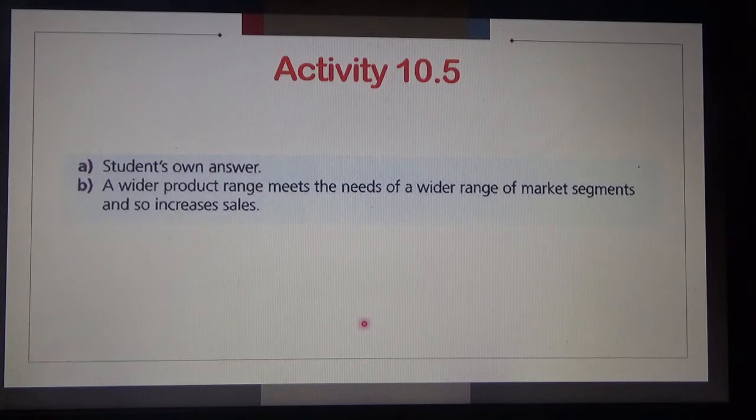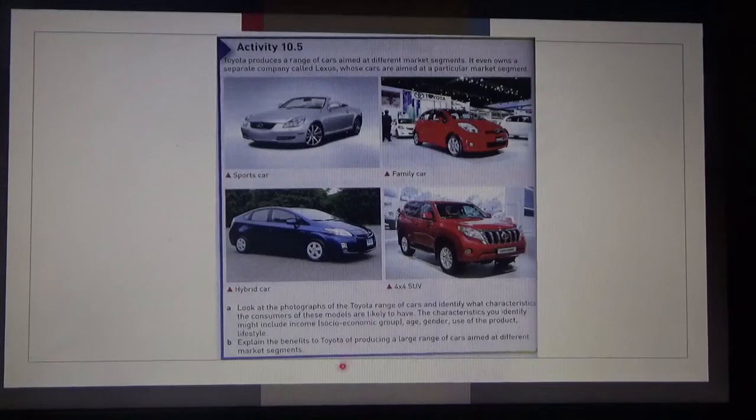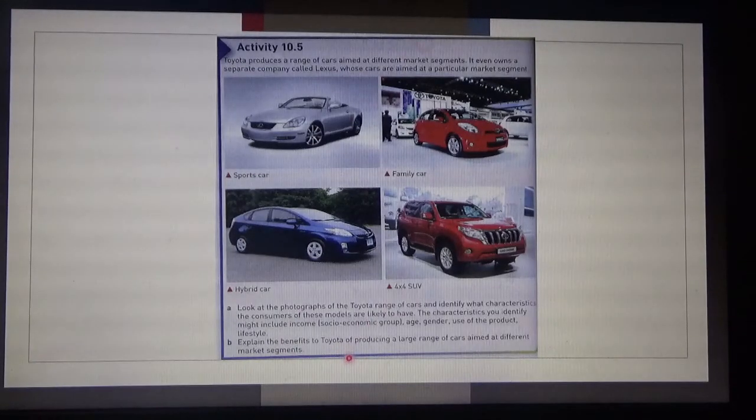A wider product range meets the needs of a wider range of market segments and so increases sales. Now, I want to hear from you your opinion on the benefits to Toyota of producing a large range of cars aimed at different market segments.